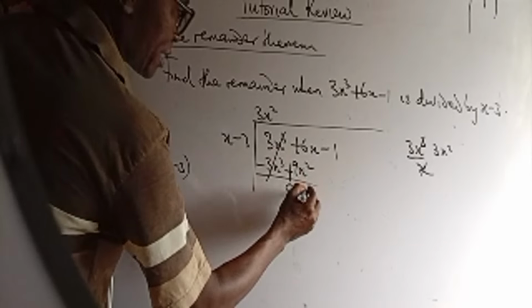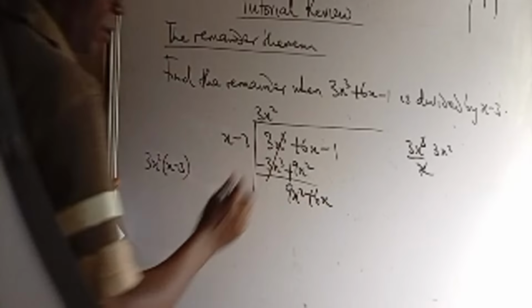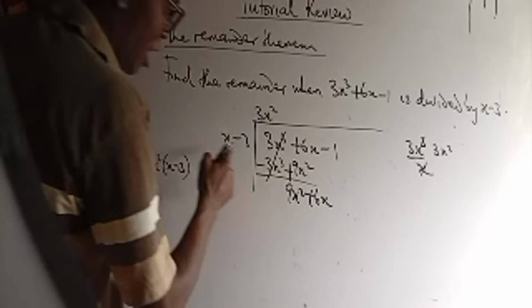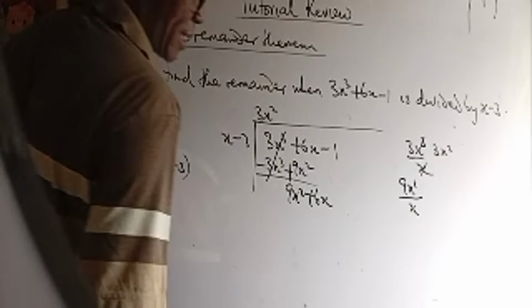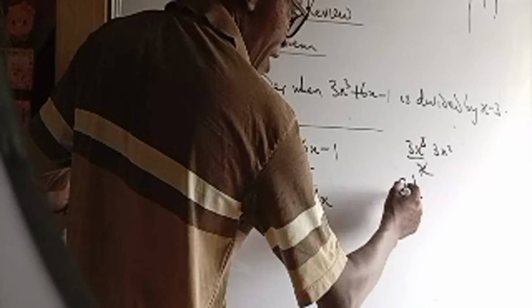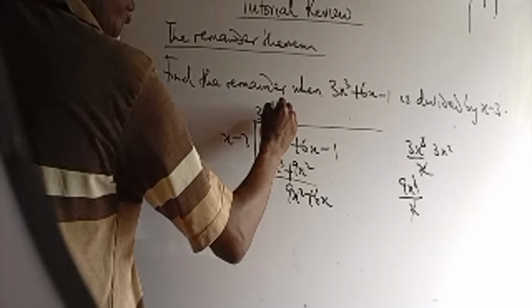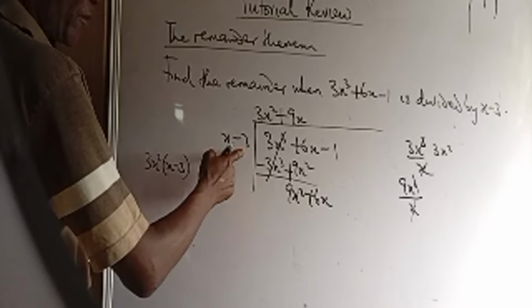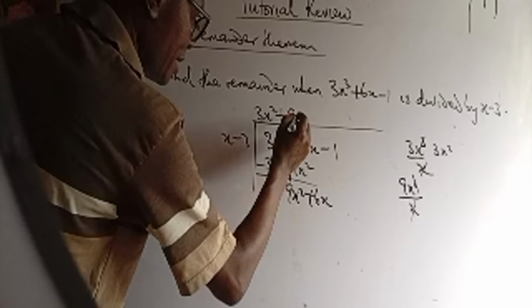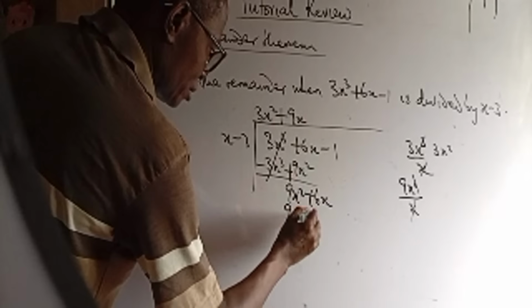Then you put plus 6x, you bring it down. Now divide 9x squared by x. 9x squared all over x, x cancels, you have plus 9x. So you write plus 9x here. Now plus 9x multiplied by x minus 3. That's 9x times x, that's 9x squared.